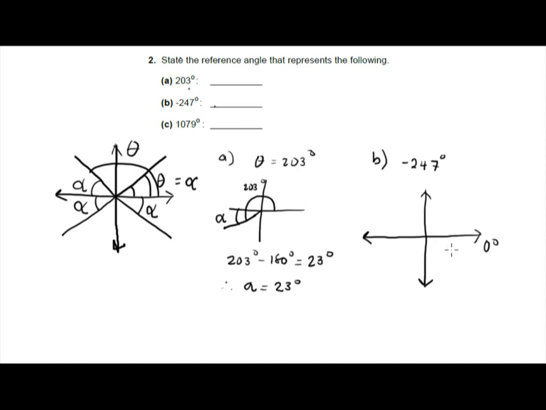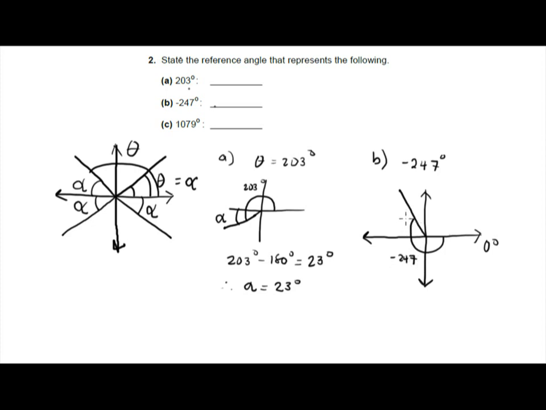So from 0, you go in a clockwise direction. This is 90, 180, this is 270. So this angle must be located between negative 180 and negative 270. So this is the negative 247 degrees.